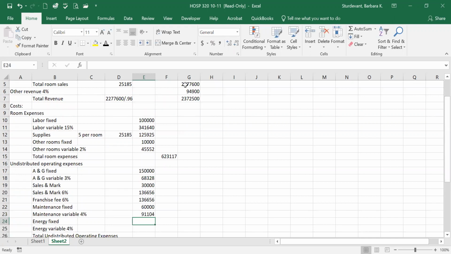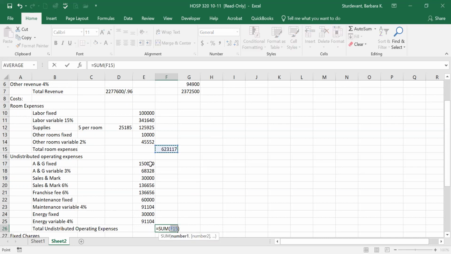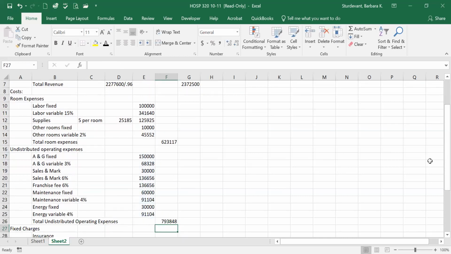We had energy that was fixed of 30, variable of 4%. And that was it. So our total undistributed expenses would be all of these added up. Questions on those?